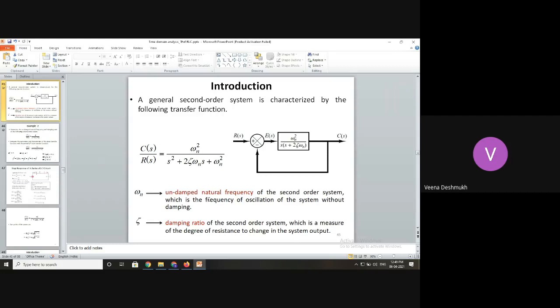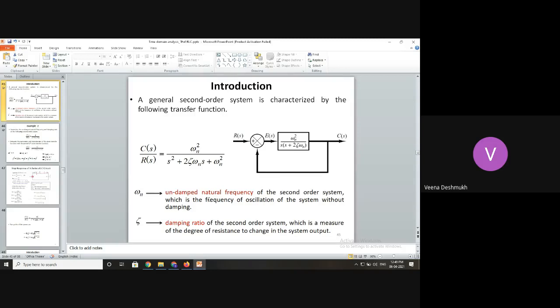That's why your damping ratio, zeta, is defined in terms of RLC. For a second order series RLC circuit, the damping ratio zeta is equal to R by 2 into the square root of L by C. Similarly, omega n is equal to 1 by square root of LC.